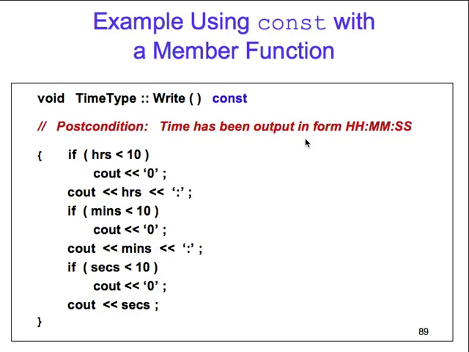And here's the use of constant with the member function. So we have it right here. Void, this is what we saw in the first example actually, the word constant out here. And then we have hours, minutes, and seconds are essentially set for us. So we can't modify the implementation of write. It's just basically just going to write it out to the screen essentially.